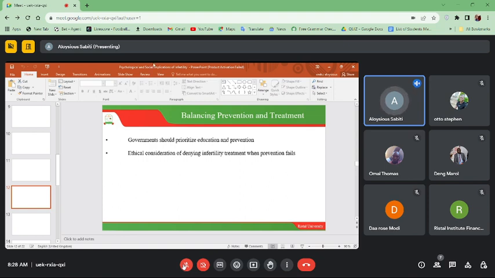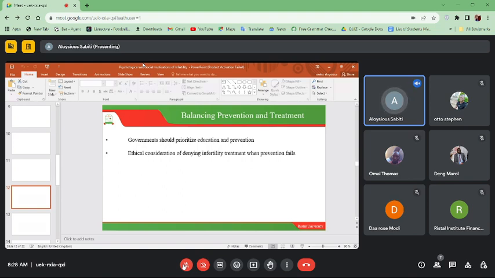If you do not prioritize education or prevention, more people will have infertility, and at the end, the government spends lots of money buying drugs, buying equipment, and hiring personnel to handle infertility, whereas you could reduce those costs.